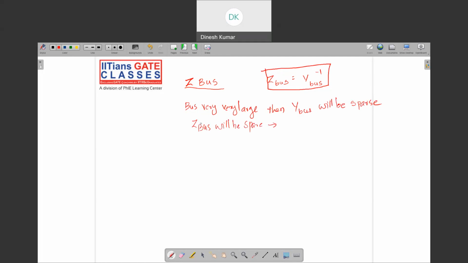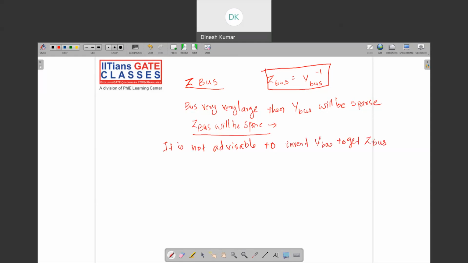So the Z matrix here will become a full matrix. So it is not advisable to invert Ybus to get ZBus.